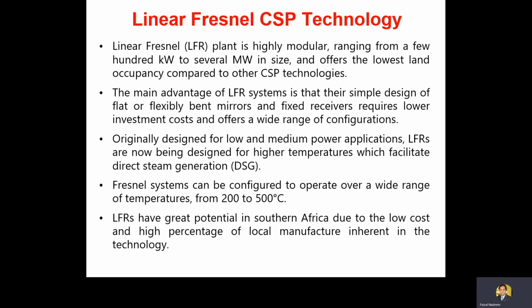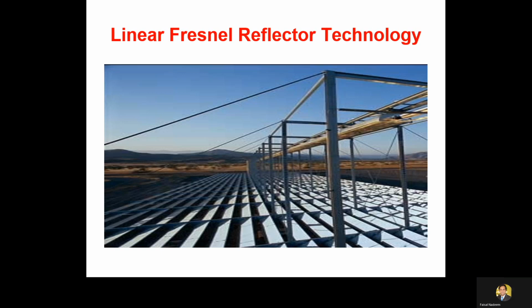So what this means is the simple design of flat and flexibly bent mirrors. See, they have a simple design. These are the mirrors placed on the ground, and this is the modular tube, the tube or the absorber pipe, which actually has the liquid inside, which absorbs the heat.